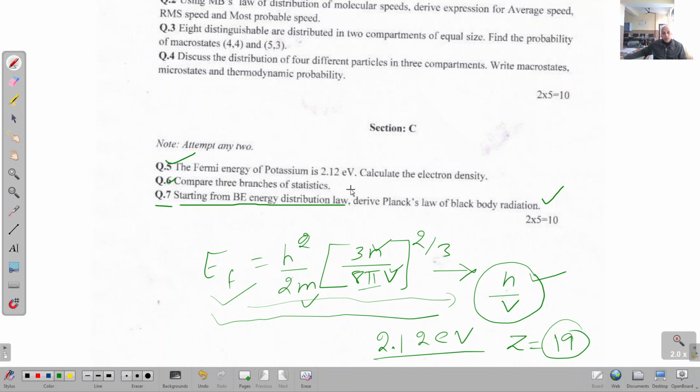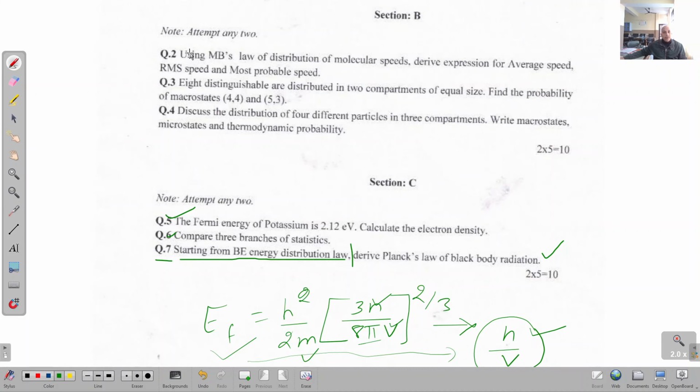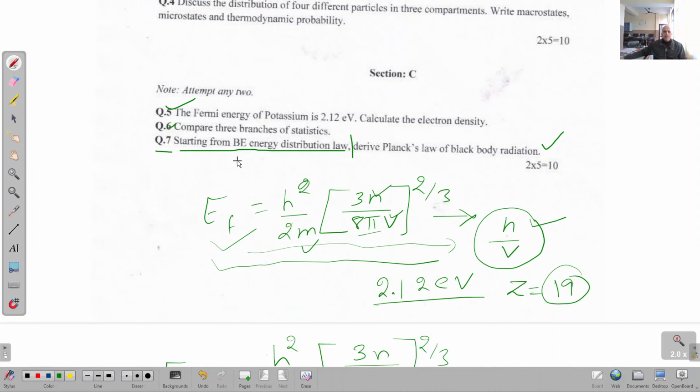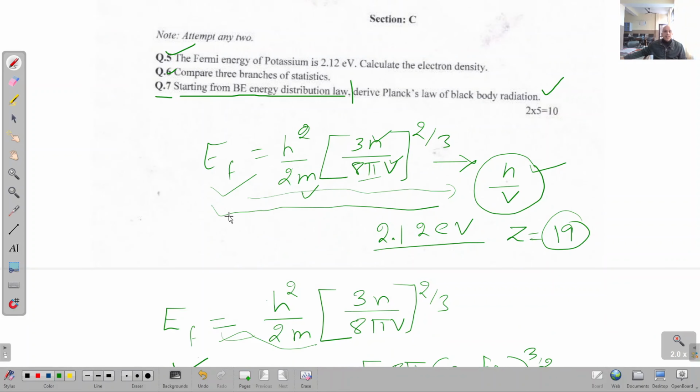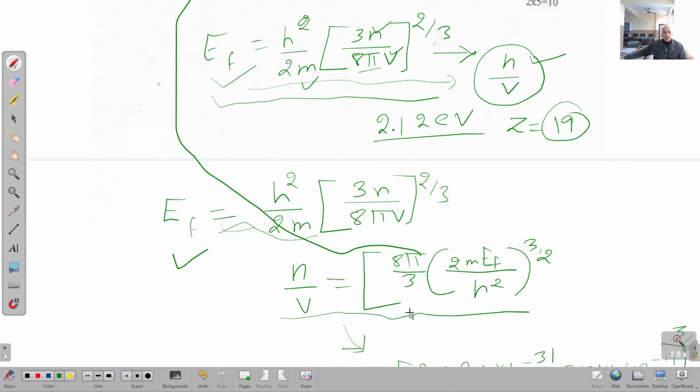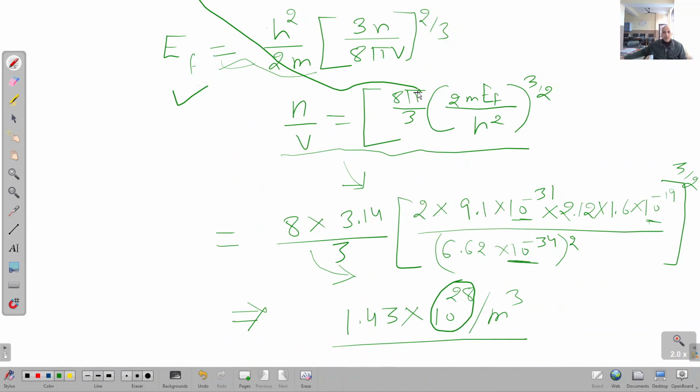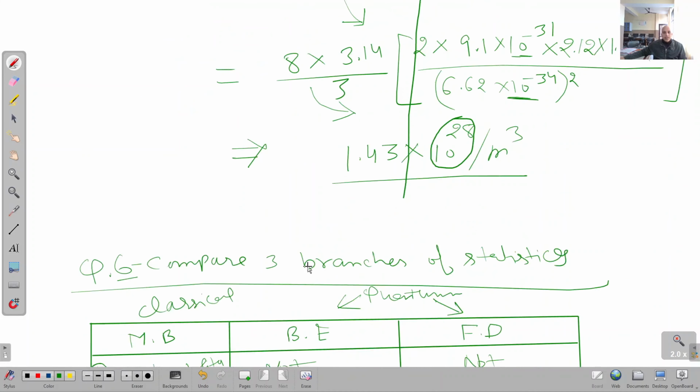When I went through your answer books, many students derived the Bose-Einstein distribution law. Again, the same mistake they made in question number 2, where they derived the Maxwell-Boltzmann distribution law. So again, I'm repeating that you should focus on what is asked in the question paper. I have asked starting from, which means you have to start from the Bose-Einstein distribution law.